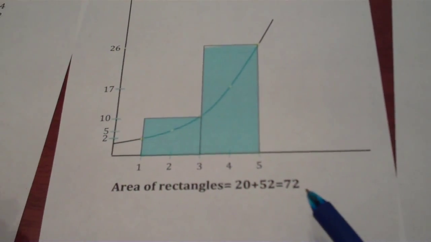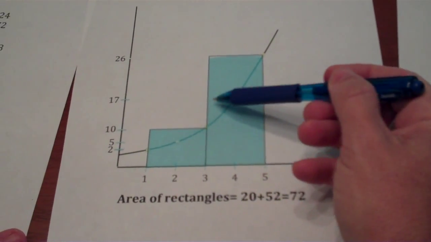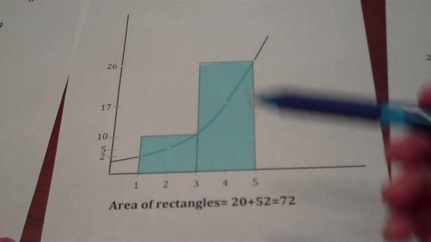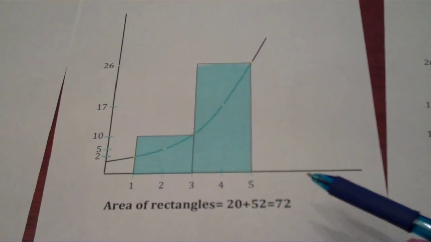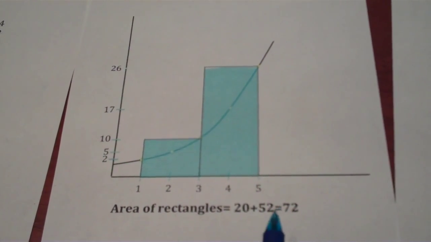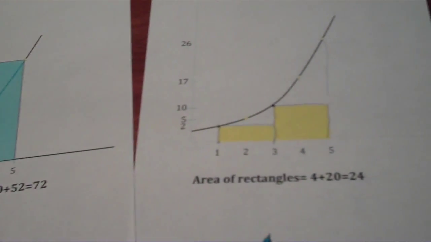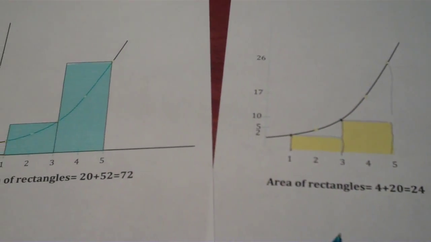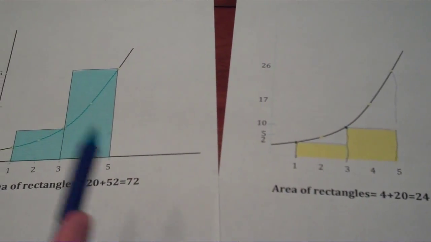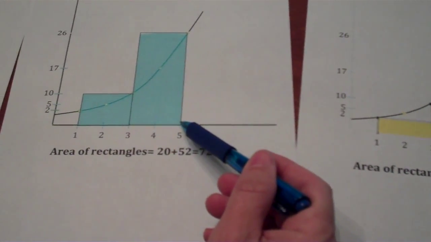But notice this is too high. This time I'm including area that occurs above the graph. So I know that 72 is actually too much. But once again, I know the actual area is somewhere between my 72 and the 24 that I had earlier. What I need to do is take an average of those two. But before I do that, I would like to point out to you again where those numbers came from, the charts that I created.